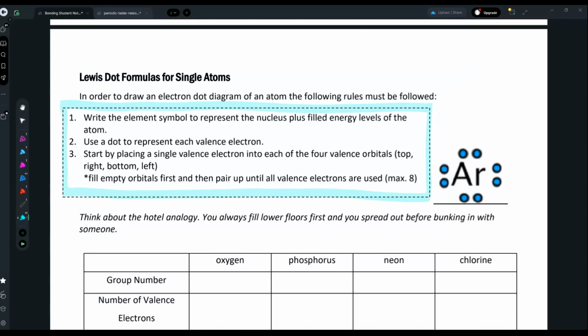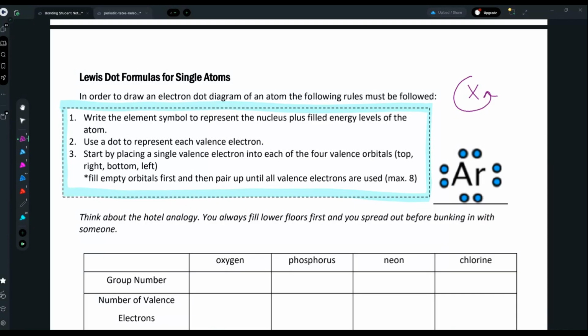So we're going to fill the empty orbitals first, and then once each orbital is filled up with 1 electron, that is when we're going to start pairing up the valence electrons. When we're drawing these electrons, let's just say this is our symbol, you can either draw them in a clockwise motion or a counterclockwise motion.